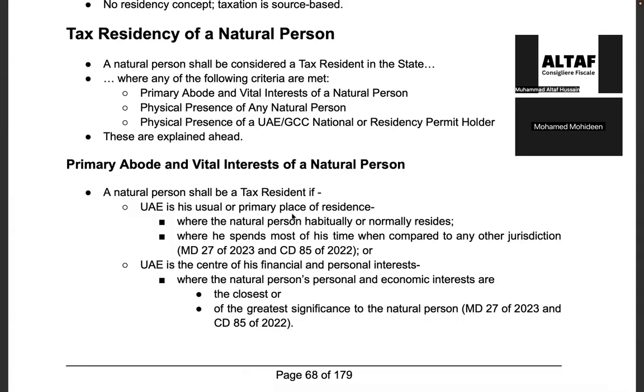So UAE is his usual or primary place. Now here, usual is actually the third criterion in international tax law, habitual abode. Primary place was the number one criterion, permanent home, where the natural person habitually or normally resides and spends most of his time compared to other jurisdictions.